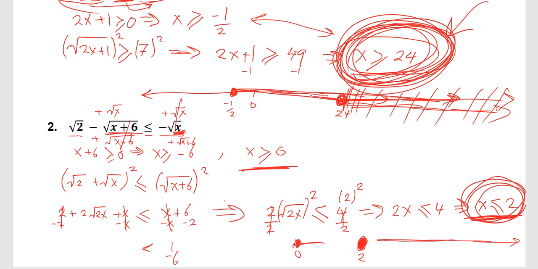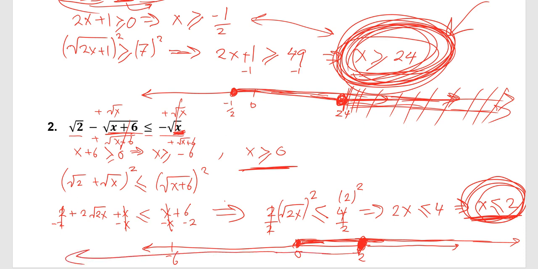So here. So the x greater than or equal to 0 is this, and then the x less than or equal to 2 is this, right? So the intersection is actually this portion, okay?